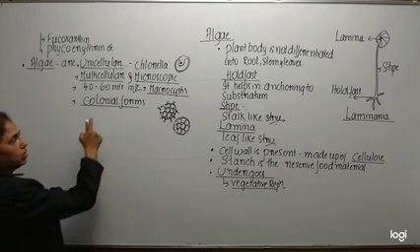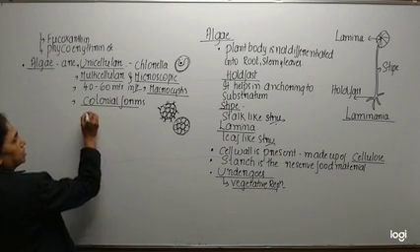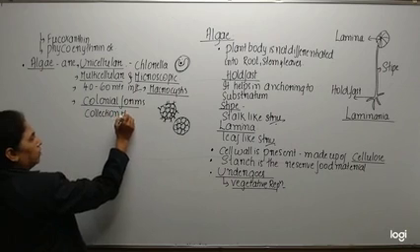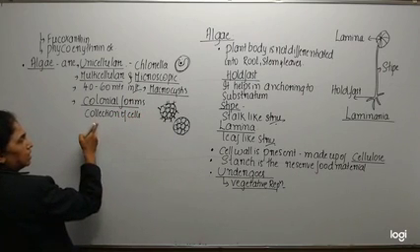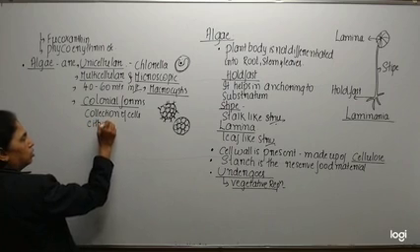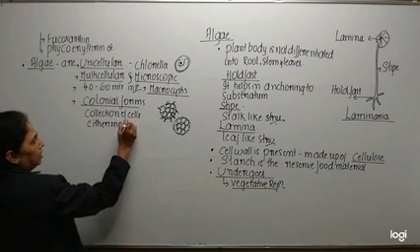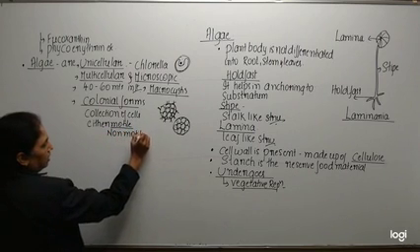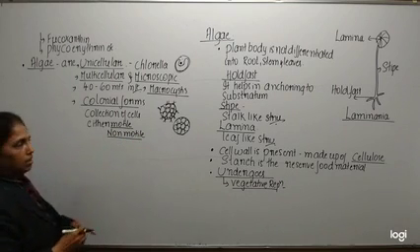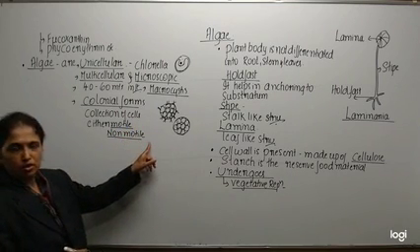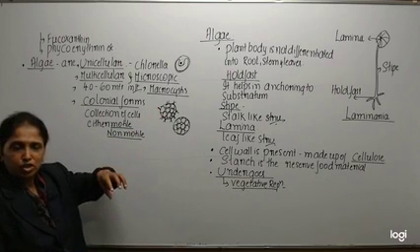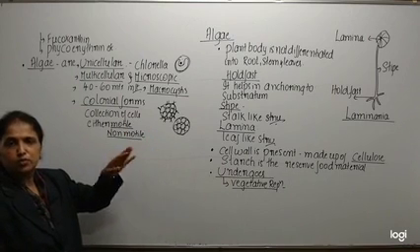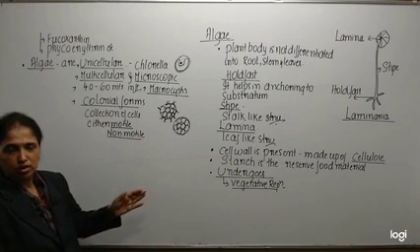So colonial forms are a collection of cells, and these collections of cells are either motile or non-motile. Motile colonies are groups of cells provided with flagella, flagellated. Non-motile colonies are groups of cells without flagella.